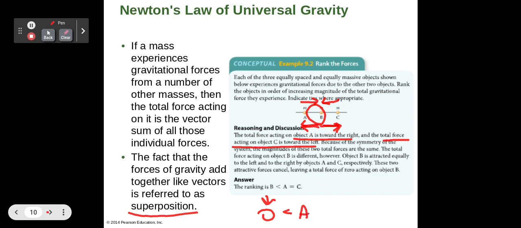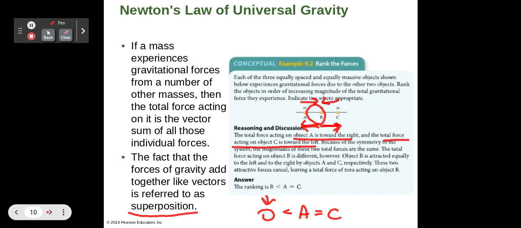And then A and C are going to wind up being equal because they're the same mass. A is pulling towards the right, B is pulling towards the left, and so those two forces are going to come out to be equal.